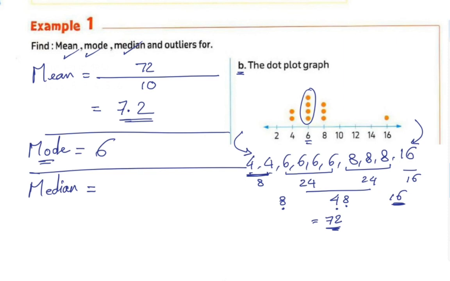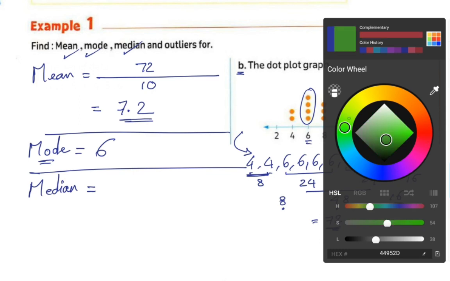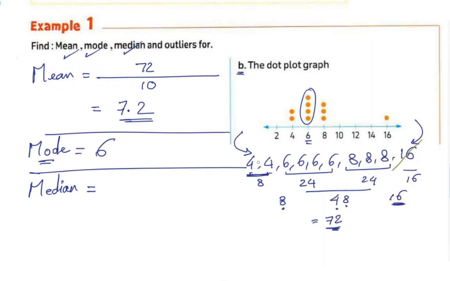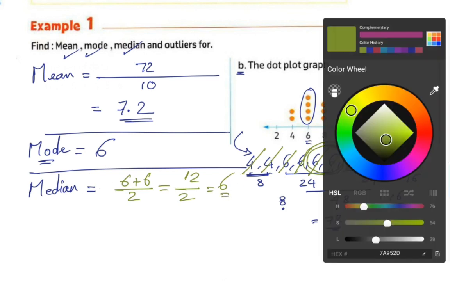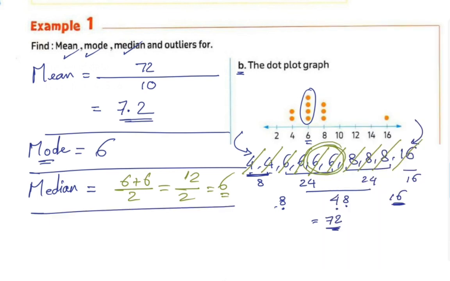So I need to delete one from right, one from left, and so on, until we have 2, 6. So add these 2 sixes to each other, divided by 2. 6 plus 6 equals 12 over 2 equals also 6. Now the value of the median is equal to 6.